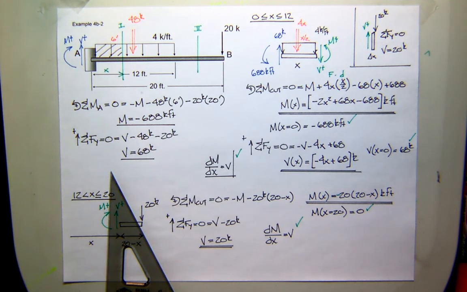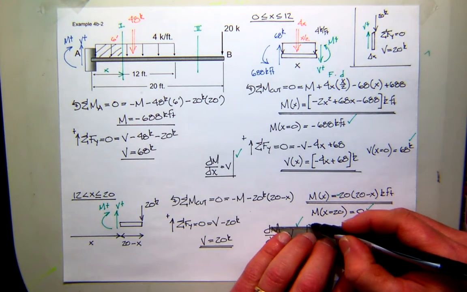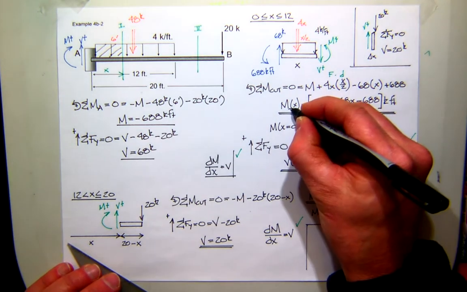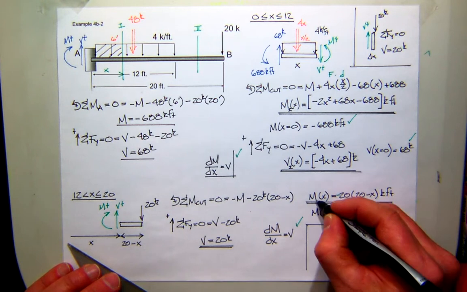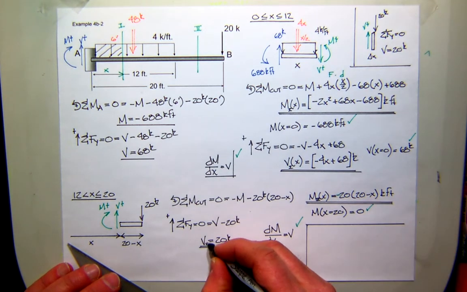Okay, so the last thing I could do, just to make myself feel really, really good about this, is I match these two. So I'm going to go back and call this section 1, and then call this one section 2.